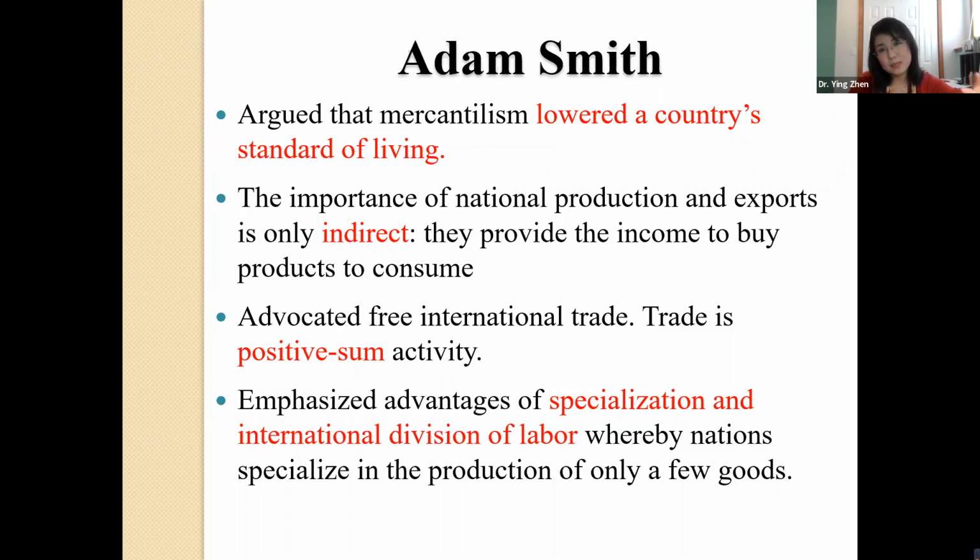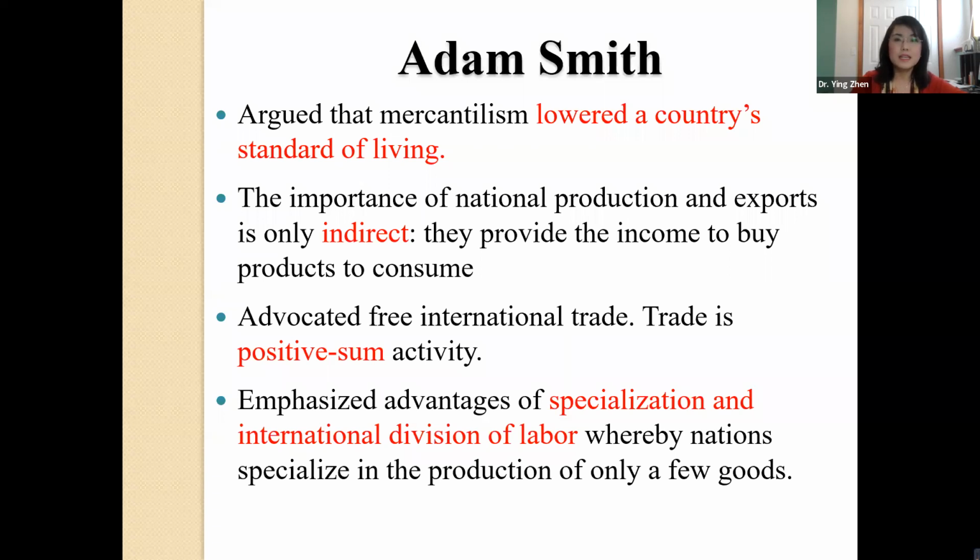And of course, exports are important, but their function is only indirect. The idea is that you cannot always just buy without making money. So the exports will help provide the income to buy the products to consume. Yeah, so at least he emphasized the importance of consumption.